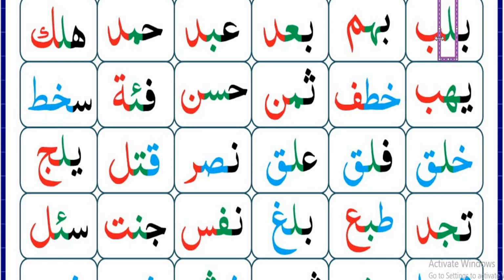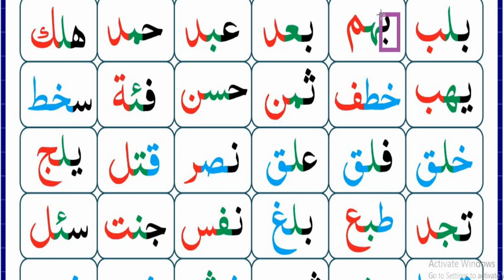This is connected to the next letter. So this shape, this straight line, if it is connected to the next letter, it can only be a lam. So this middle one is lam. The first one was ba, the middle one is lam, and that last one again is ba. So it's ba, lam, ba.